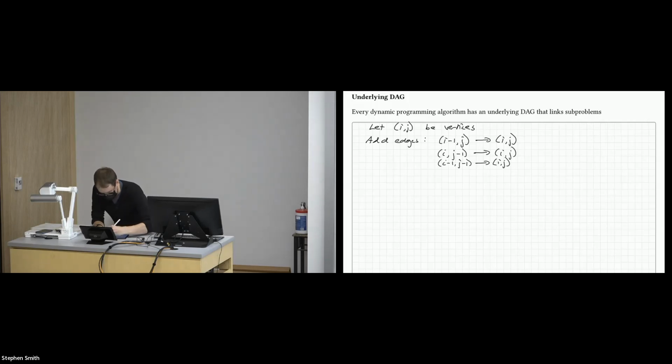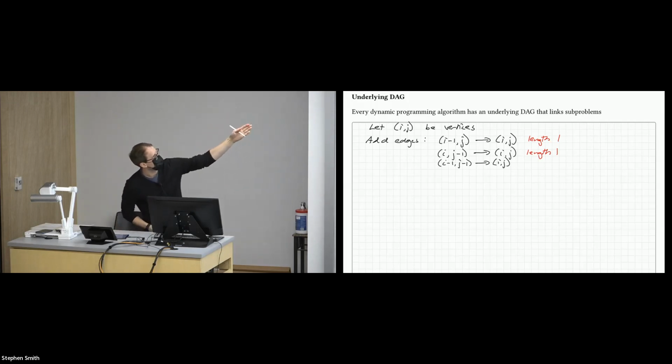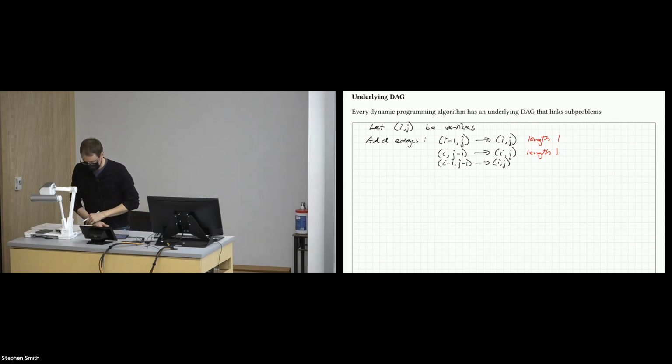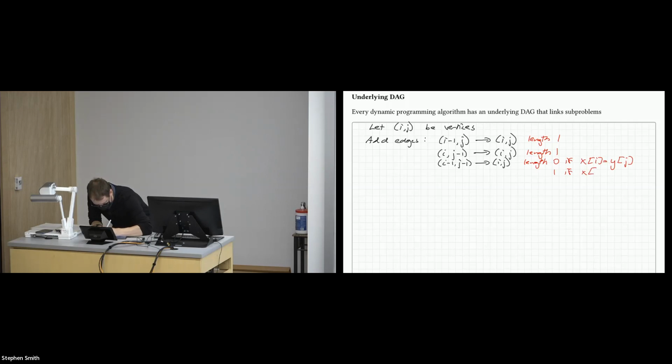And this edge has length 1. This edge has length 1. Right? Because we had a cost of 1 to go from that subproblem (i-1,j) to (i,j). And then the other one has length 0 if x_i equals y_j, and 1 if x_i is not equal to y_j.